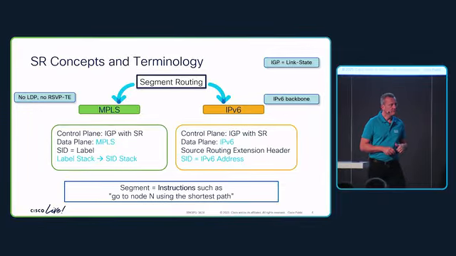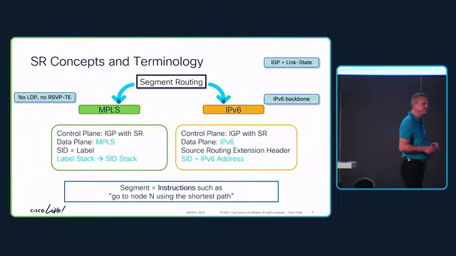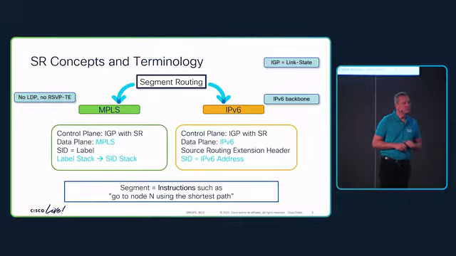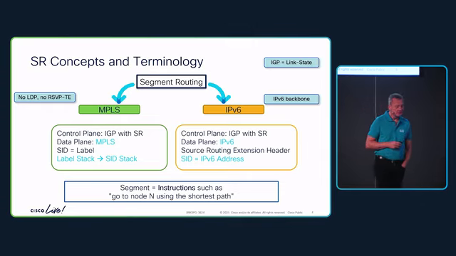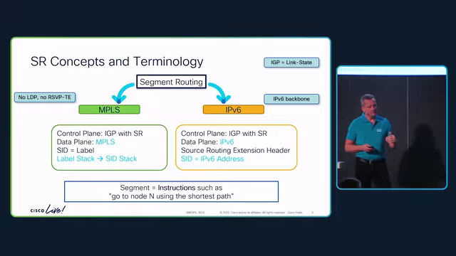And later on, building on top of SR-V6, we said, hold on, we can put different segments even in one IPv6 header because we have 128 bits, which is a lot. But now you have two choices, MPLS world, IPv6 world. Right? MPLS forwarding, IPv6 forwarding.